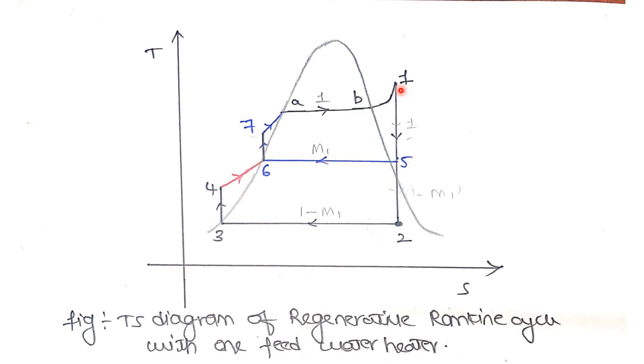Total work done from the turbine is work done from 1 to 5 plus work done from 5 to 2, correct? How will you calculate work done from 1 to 5? Mass flow rate of steam into the enthalpy values. Mass flow rate is 1, into work output, initial minus final. Initial is H1 minus H5. So 1 into H1 minus H5 is W1 to 5.